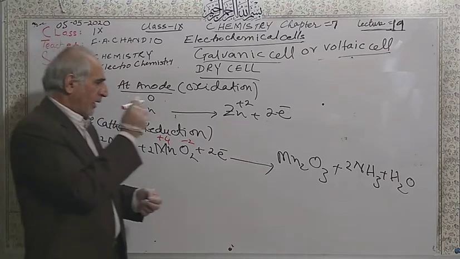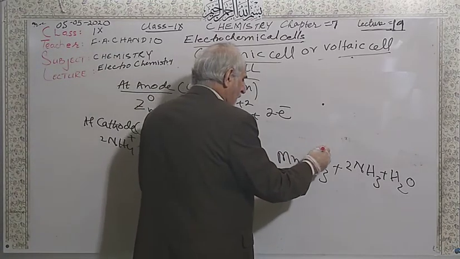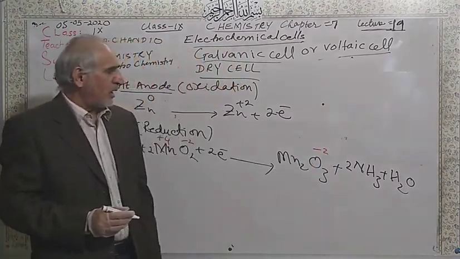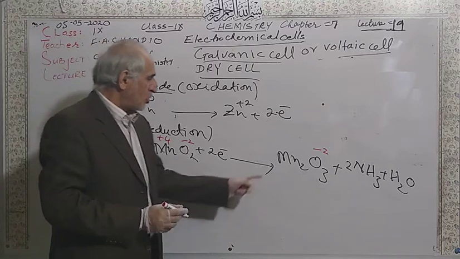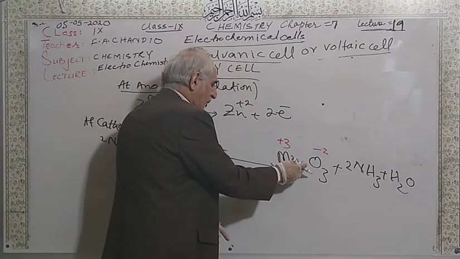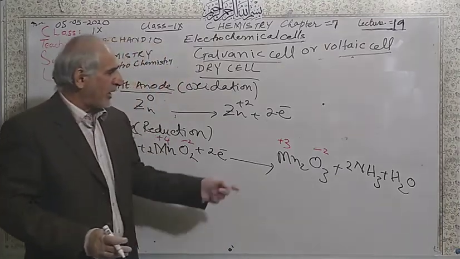In manganese trioxide, oxygen is again -2, -2 multiplied by 3 is -6. So for 2 manganese here, it should be positive 3. Positive 3 multiplied by 2 is positive 6, so they cancel.